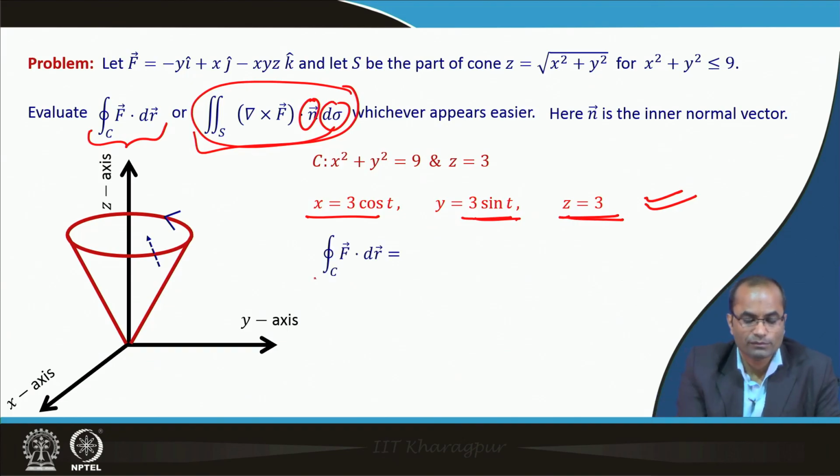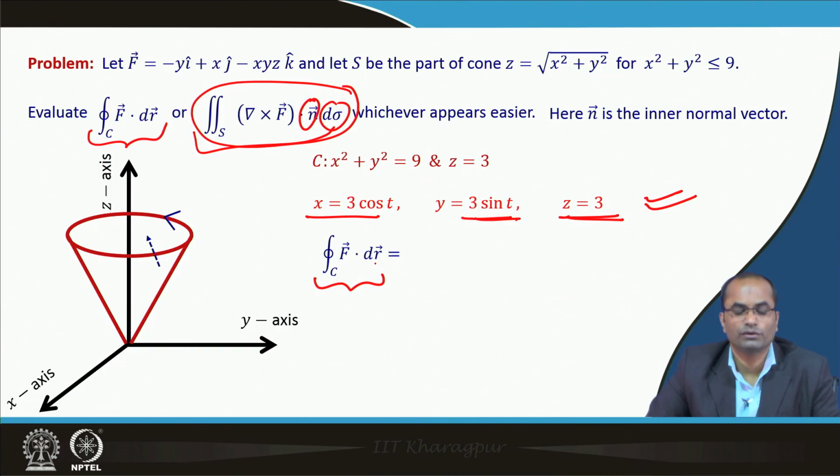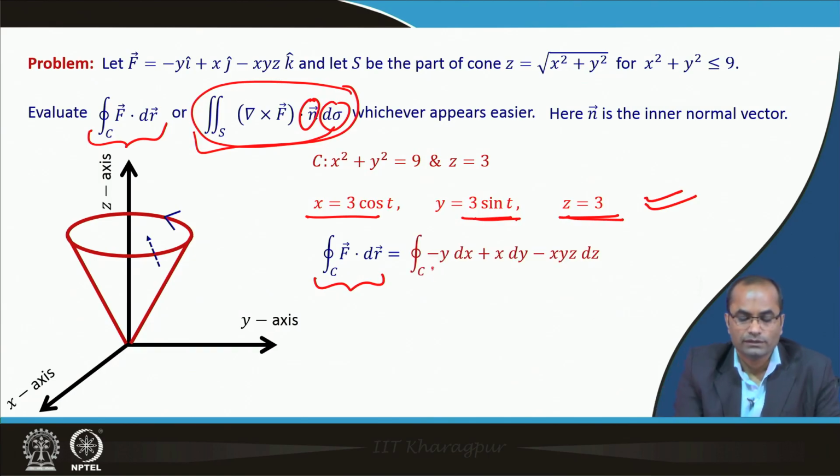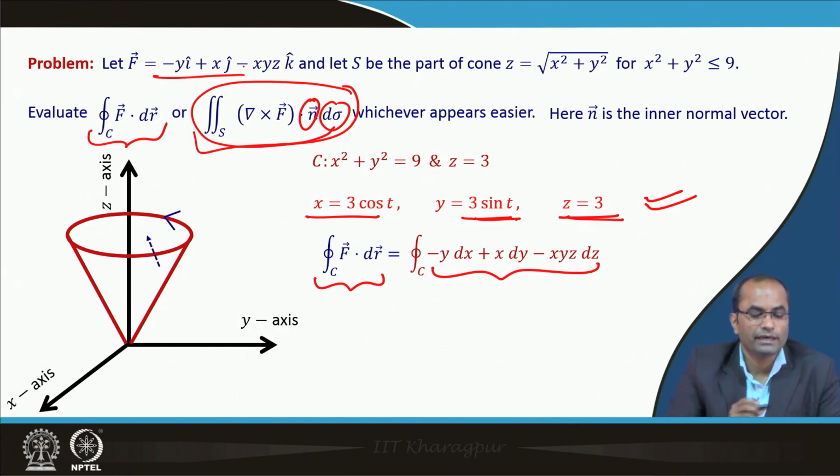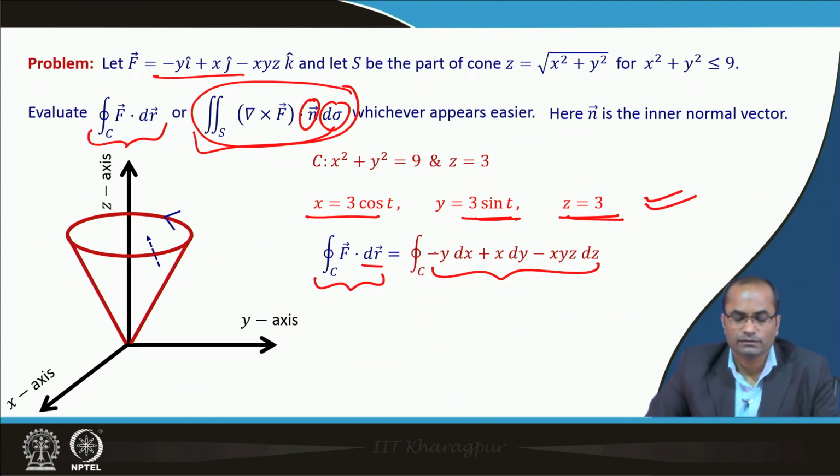So, coming to the curve integral f dot dr, f is given already here, y minus x j minus x y z k, and then dr is dx i plus dy j plus dz k. So, this dot product we can make with this f. So, what was f?